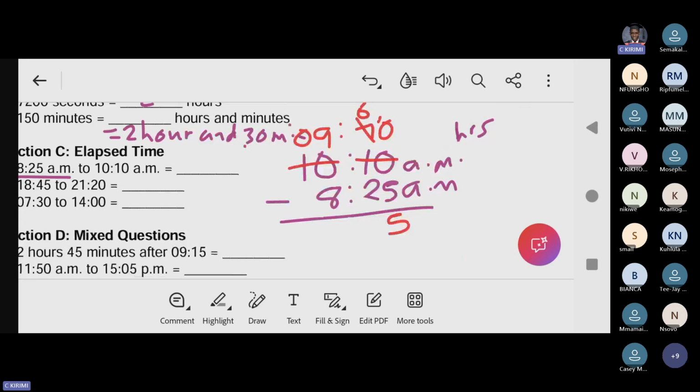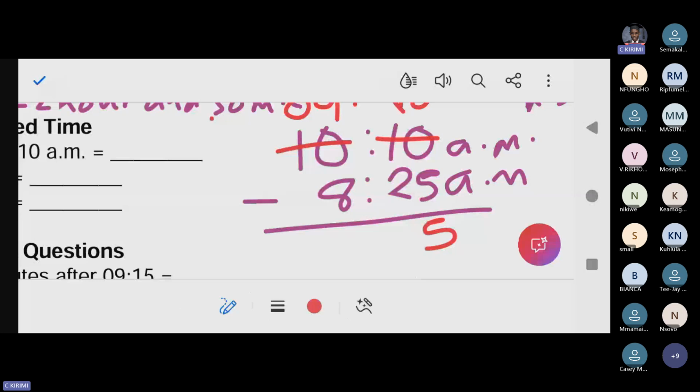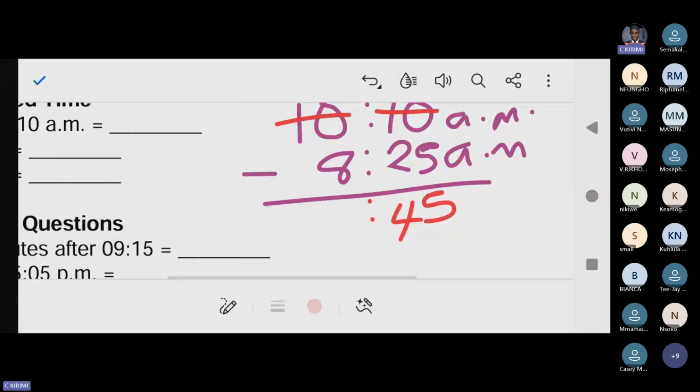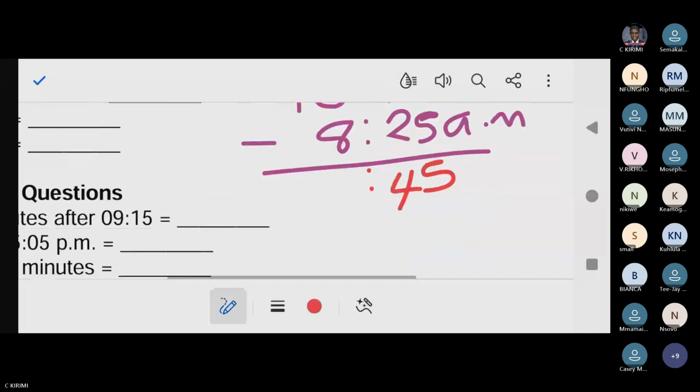So 10 minus 5, that's 5. 6 minus 2, that's 4. You put your 4. Then 9 minus 8, that's 1. So we are having hours and minutes.